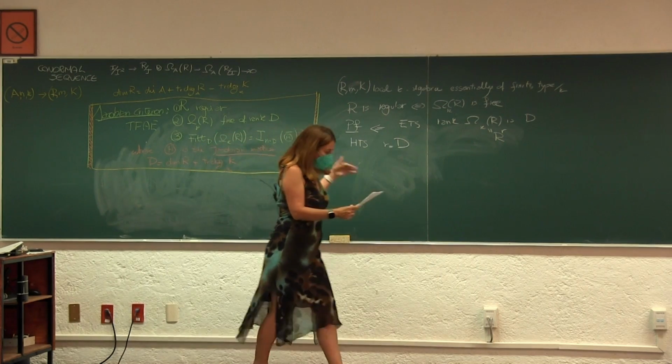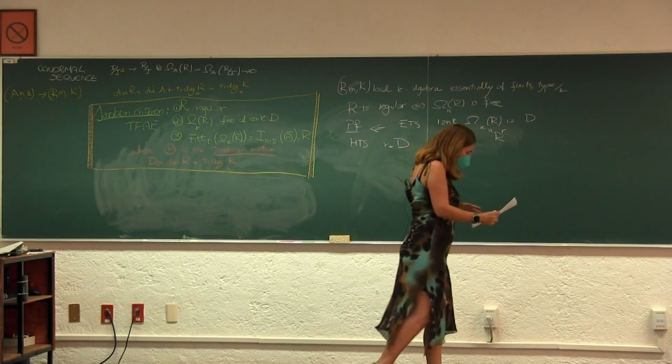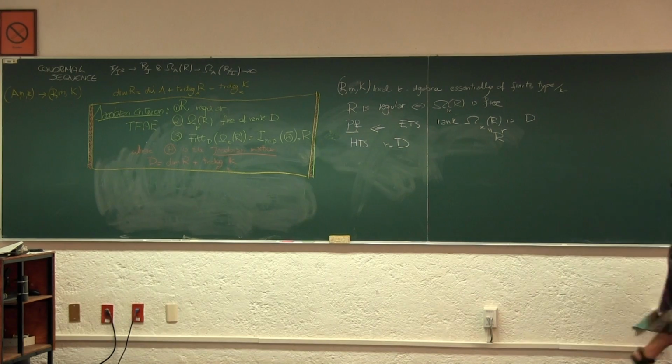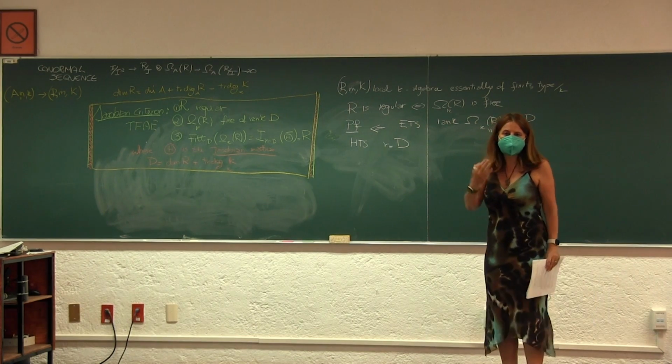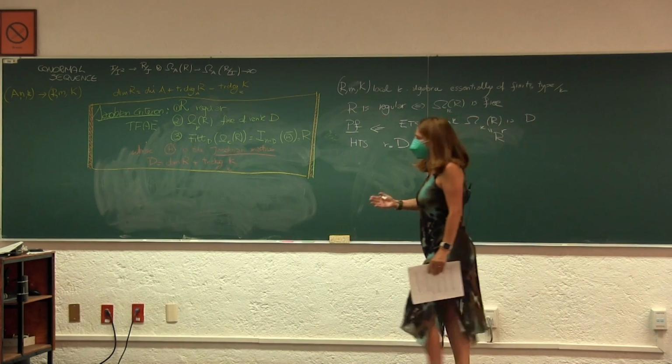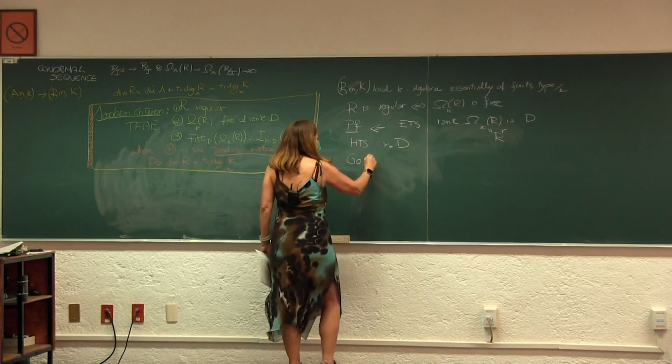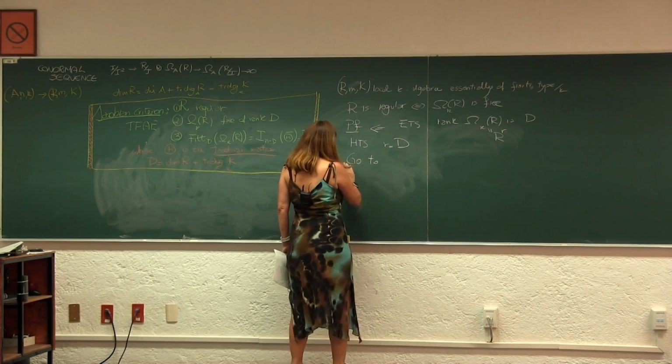Okay. So now, what do we do? First of all, we take a minimal prime. What I want to do is go to the Artinian case. So this is a reduction to the Artinian case.